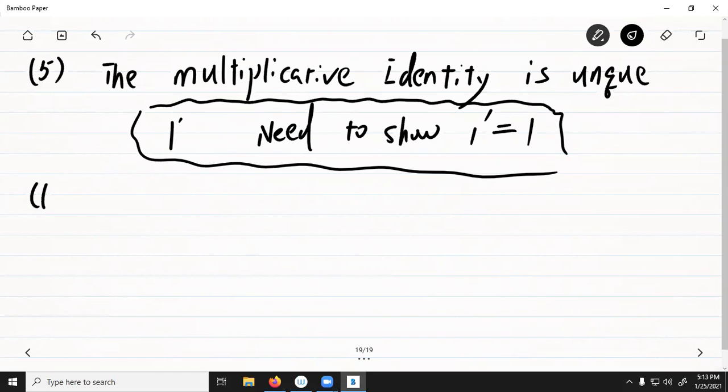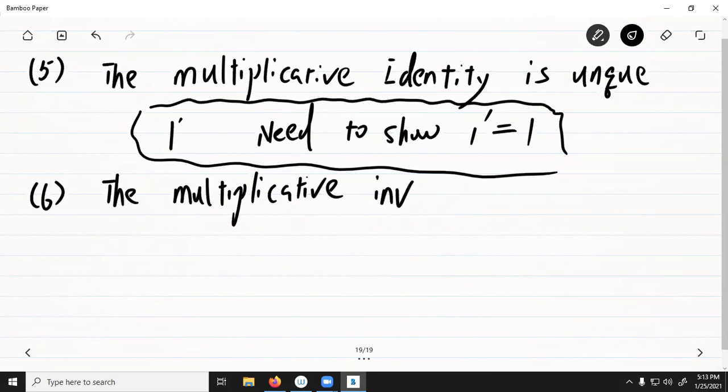Then 6, we want to prove that the multiplicative inverse is unique. Let's look at this. We use B to denote the multiplicative inverse.